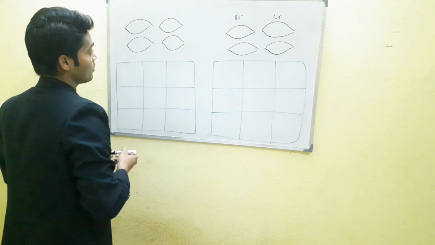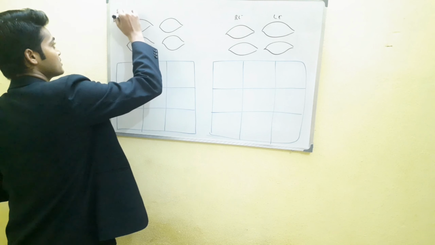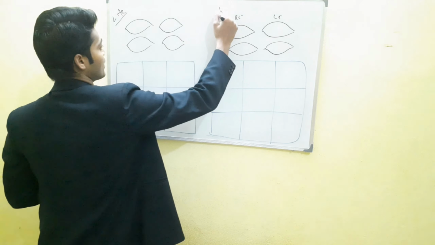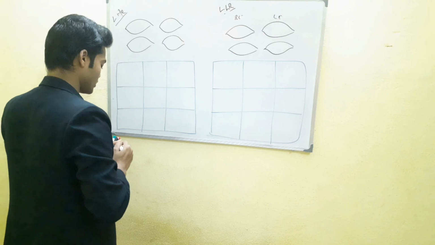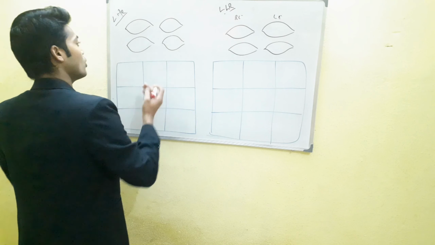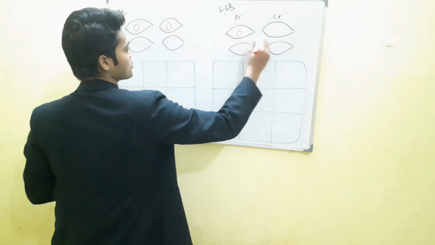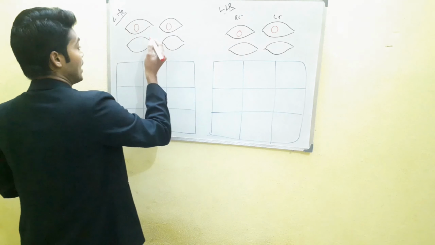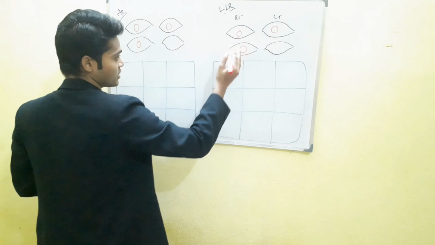Now if the left eye medial rectus is affected and the left eye lateral rectus muscle is affected, what will happen? Suppose this is the normal position of the eye. The left eye is affected, which means the right eye is still at the same position.